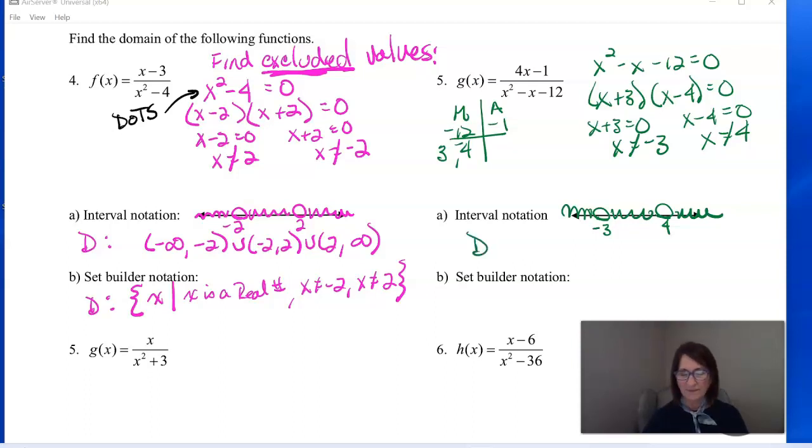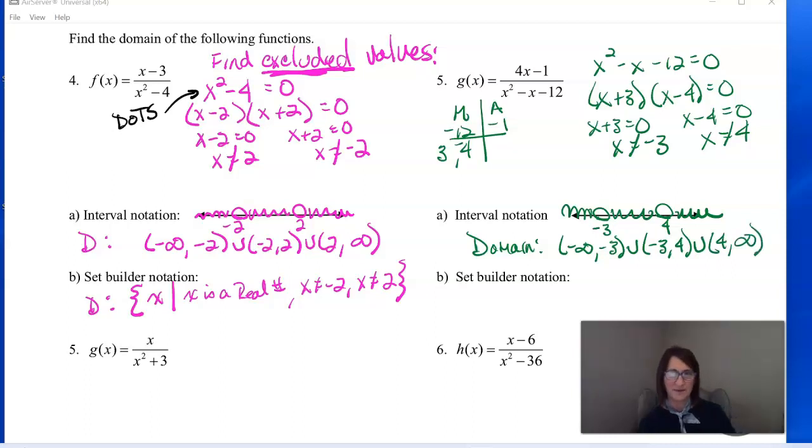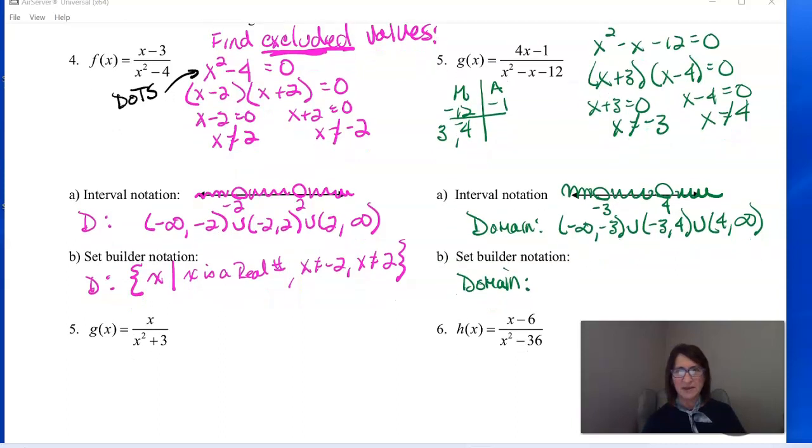So my domain is going to be -∞ to -3, union -3 to 4, union 4 to +∞. Now I can do my domain in set builder notation. So it's the same thing. It's just a different method of stating the domain, set builder notation, but we want you to know how to do both.